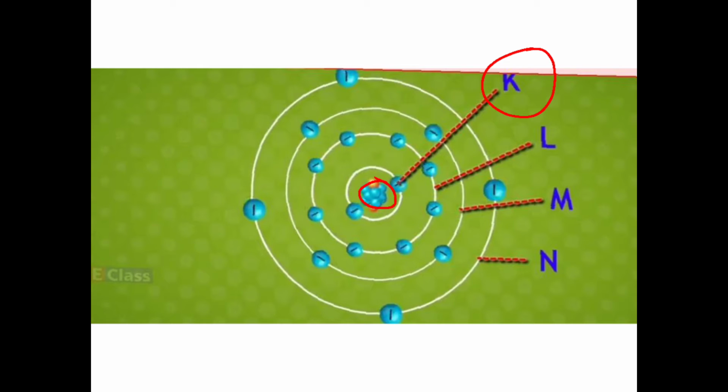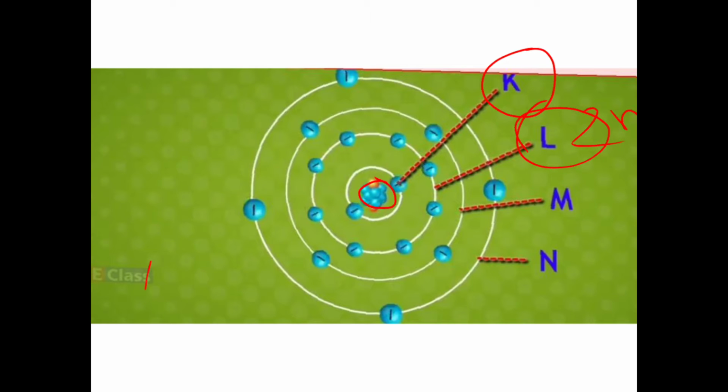We don't have any other name, we have the name K. Then the second shell is called the L shell. This is the second shell, and the name of the shell is L shell. So our alphabetical order of the shells starts from K. So we have K, L, M, N.